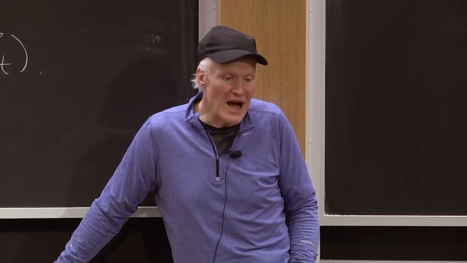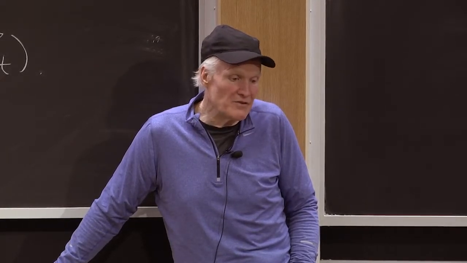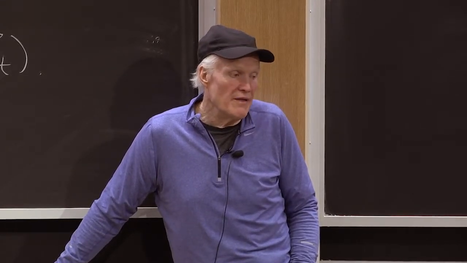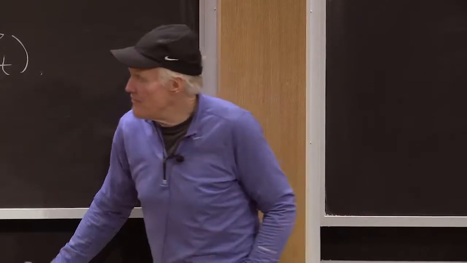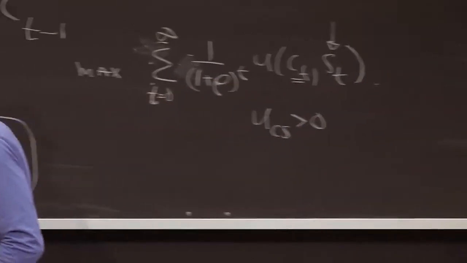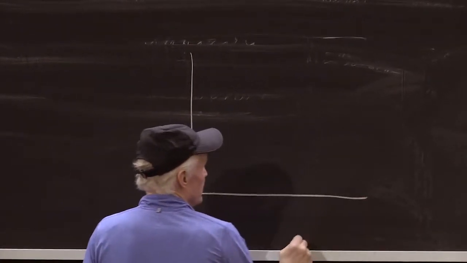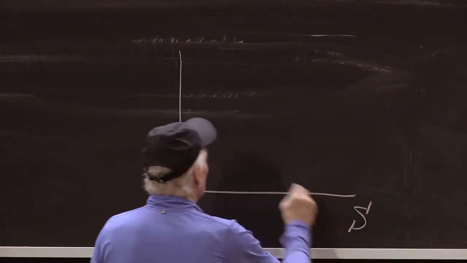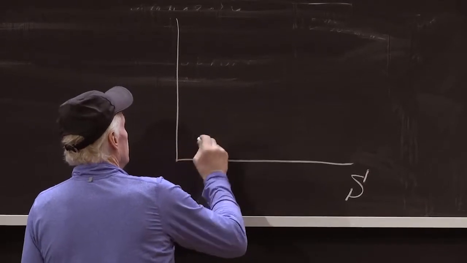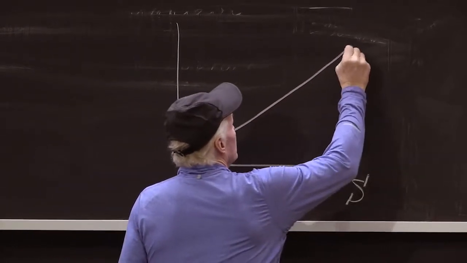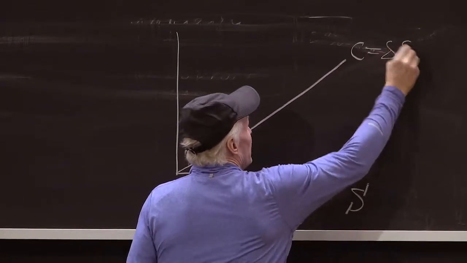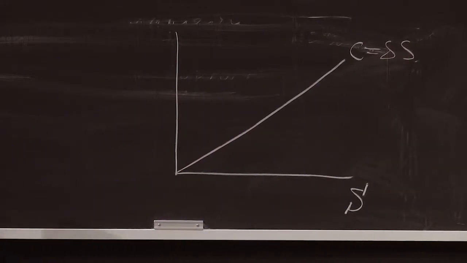Now, what it turns out is these addiction models can be pretty strong. They can mean that if you make a plot, you might have a world that looks like this, where here's S, and then here's C equals delta S, right? So that's the steady state line, right?